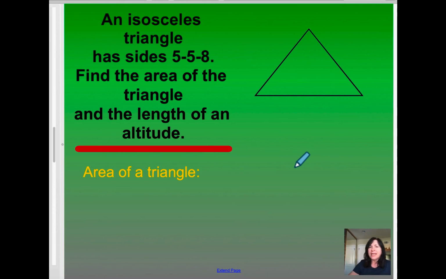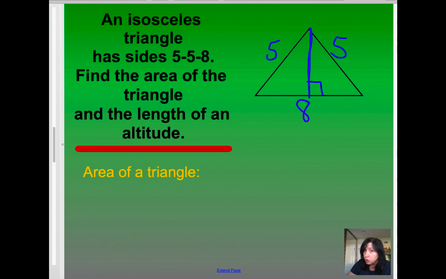And so basically, if I told you, now this is a little bit tricky, that an isosceles triangle has sides 5, 5, and 8. What is the length of that altitude? And an altitude is a height. Now, two things.